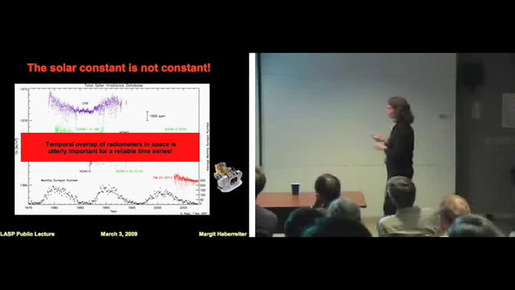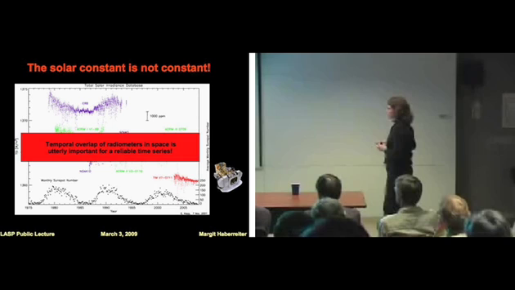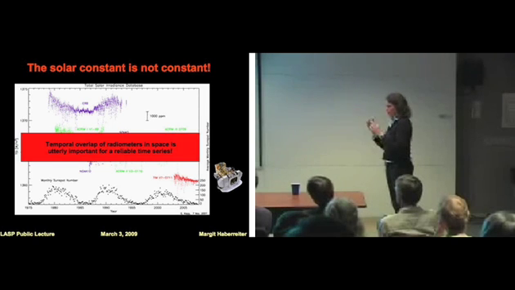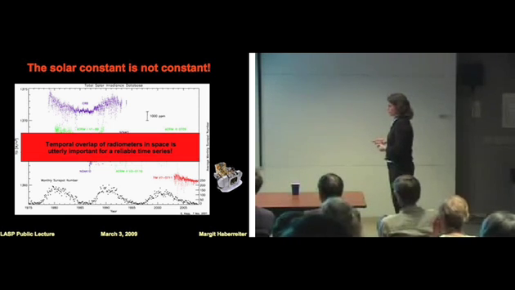So first, the solar constant, which is another term usually used for the total solar irradiance, is not constant at all. It changes over the so-called solar cycle, or the 11-year solar cycle. What is plotted down here is the sunspot number. This is a measure of how many of these dark magnetic features are visible on the solar surface. As you can see, we have times where there is only a low number of sunspots, or almost no activity.